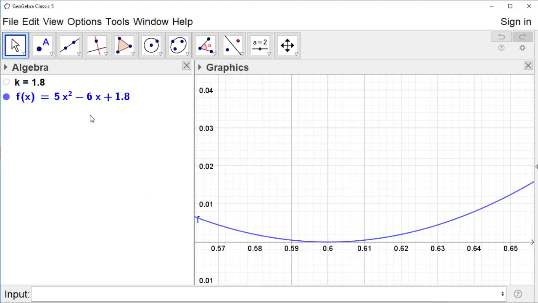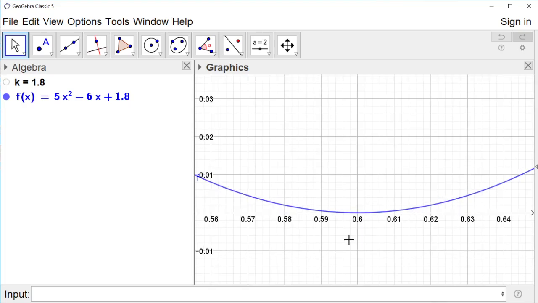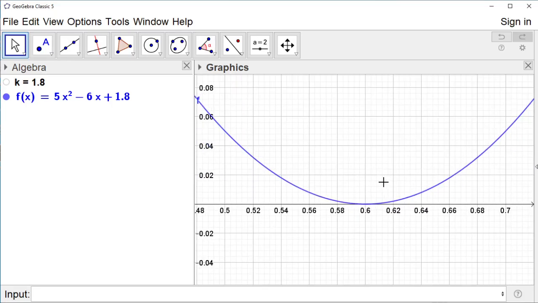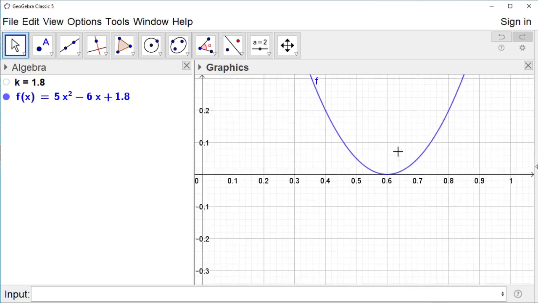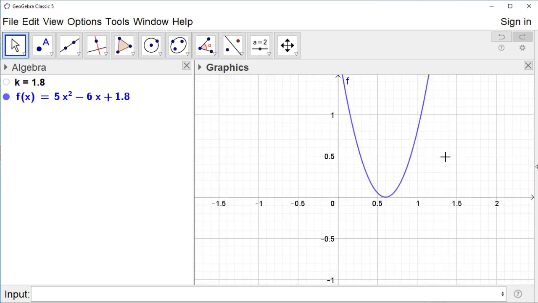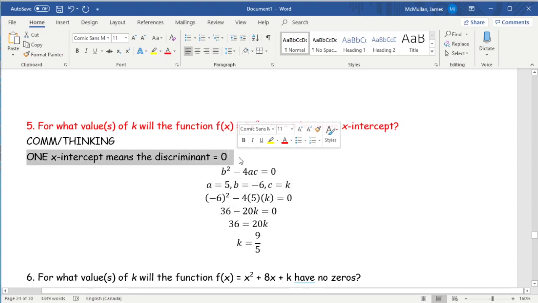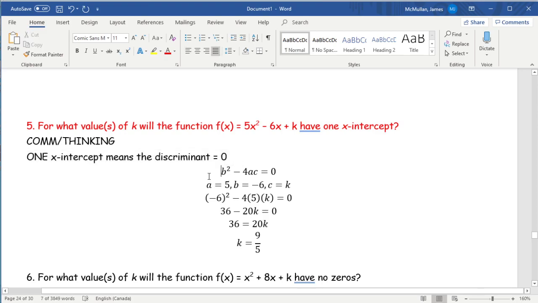Oh, sorry, 1.8 is actually the answer, I'm doing the math wrong here. Lots of mistakes today. Okay, k is 9 over 5. If k is 9 over 5, you can see the graph has exactly 1 x-intercept, and we were able to do that by using the discriminant. So 1 x-intercept means the discriminant must be 0. We took the discriminant, we made it 0, and we figured out a k that would make that all work out.